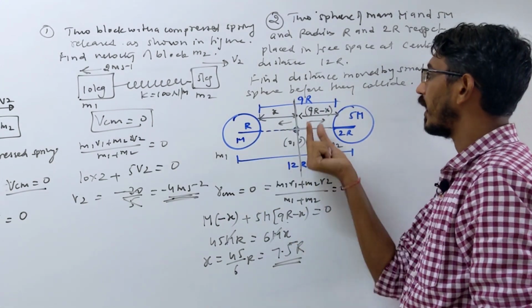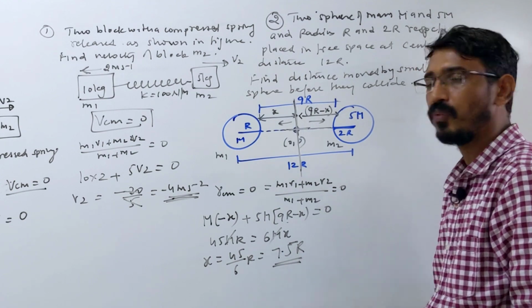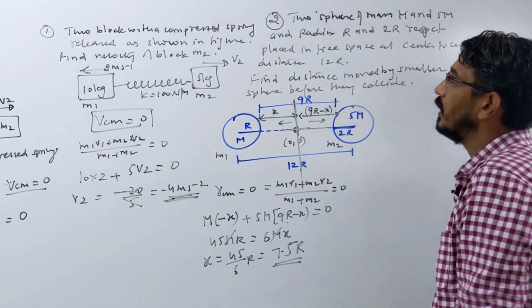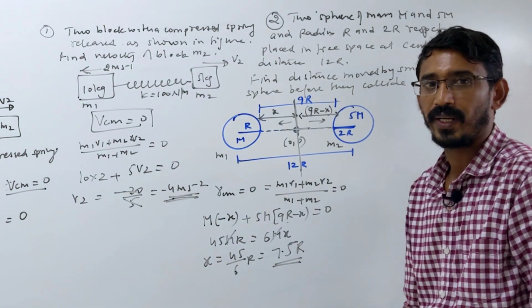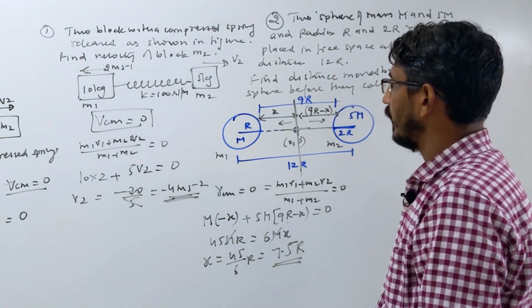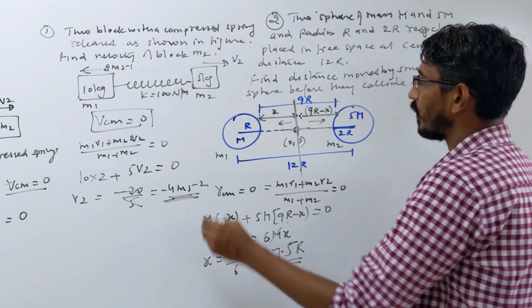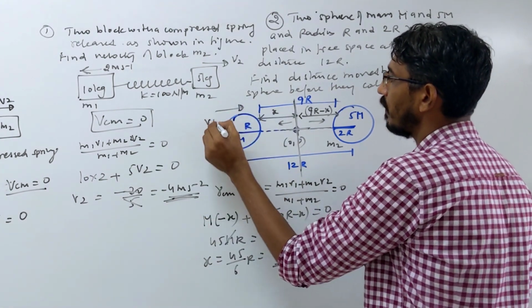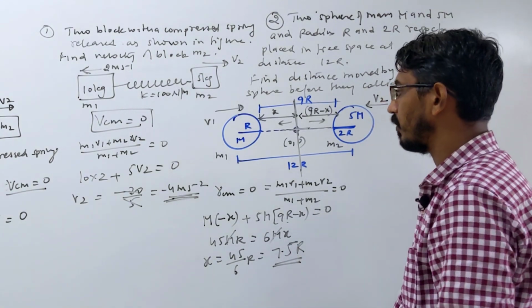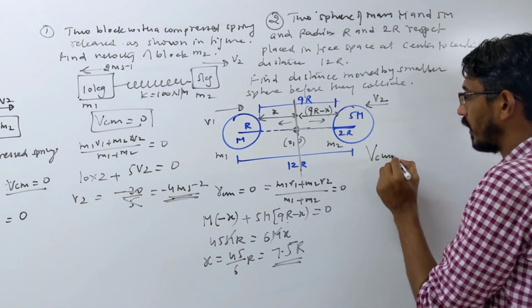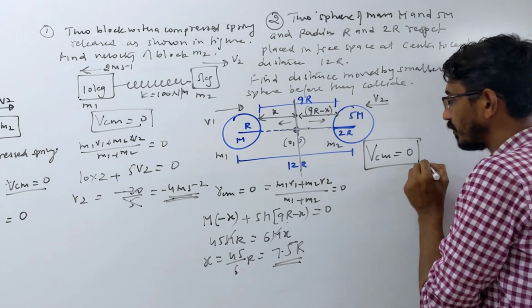If it's the big body, then you do 9r minus x, which is 1.5r. Again, this is gravitational attraction, so the position of the center of mass will not be affected. If they say this body starts moving with velocity v1 and that body with velocity v2, what is the velocity of the center of mass? Velocity of the center of mass will be 0 only.